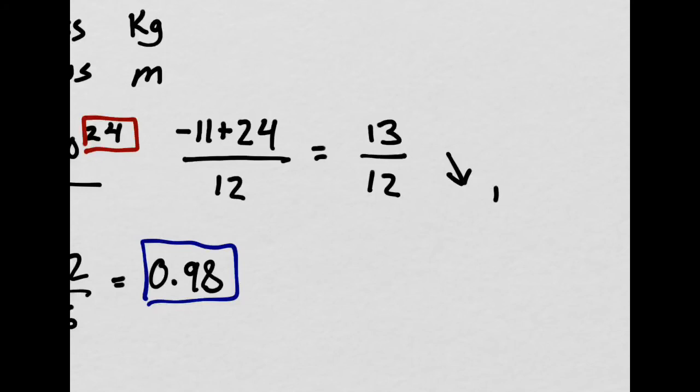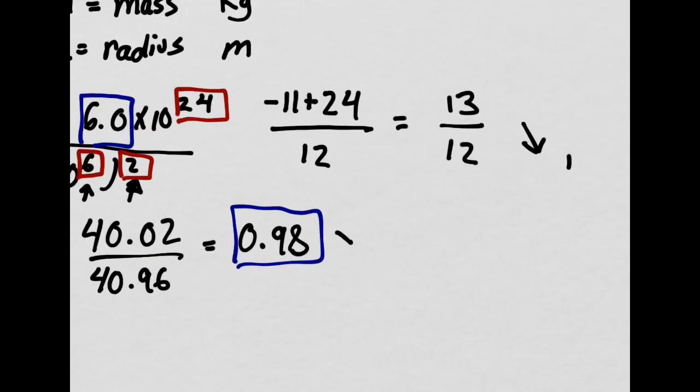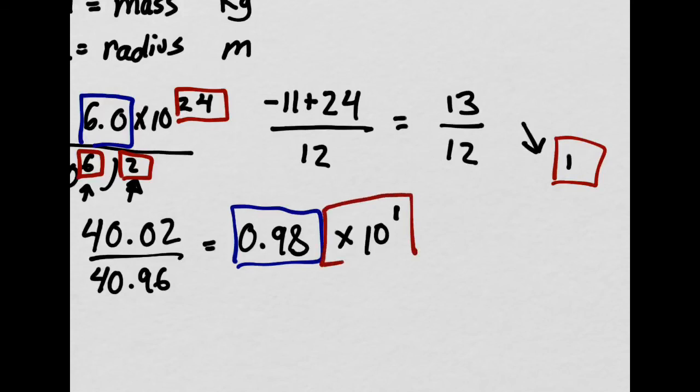So what we do now is we multiply by 10 to whatever our exponent is at the end, which was 1, 10 to the 1. And putting these two things together, that is our final answer. If we want to put it in perfect scientific notation, which is not required, it's 9.8 times 10 to the 1.